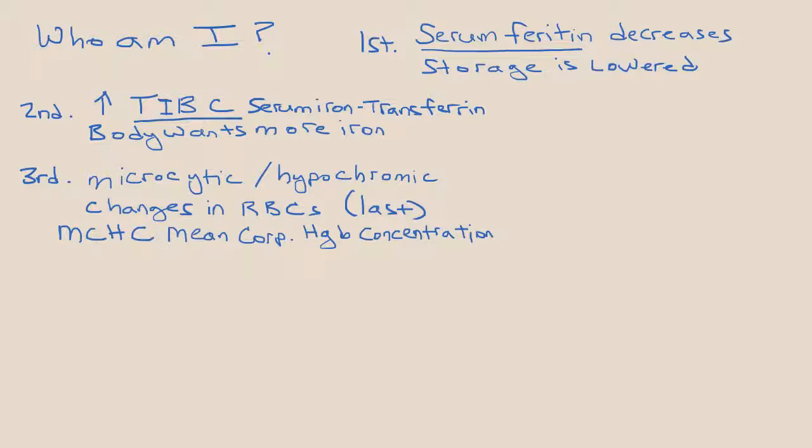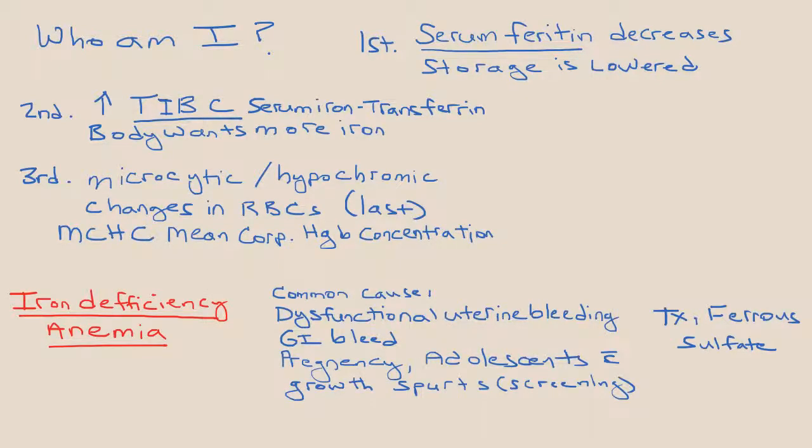What do you think of? Iron deficiency anemia. So this is kind of the pattern. The serum ferritin goes down, telling us our storages are low in our organs. The total iron binding capacity increases because our body wants more iron, and then the red blood cells are the last to be affected.